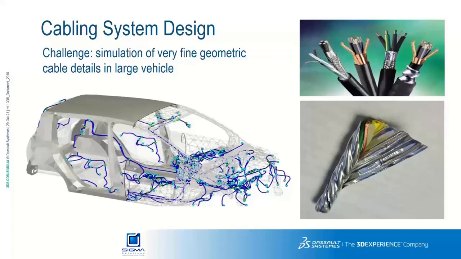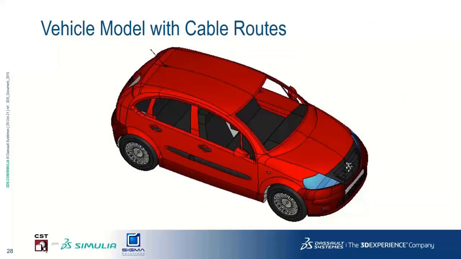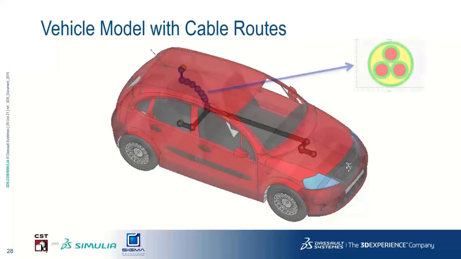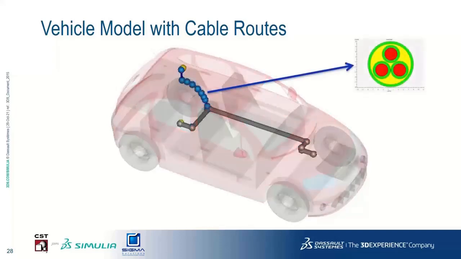And again, if you think about that, in a car you have several kilometers of cables, so this is really a critical design aspect of your car. And this is why we need to simulate it. So here we have a car. This is one of the models we've been using, and then inside CST we have a specialized module that allows you to very nicely define cables, cross sections of them, and basically model all those cable harnesses.